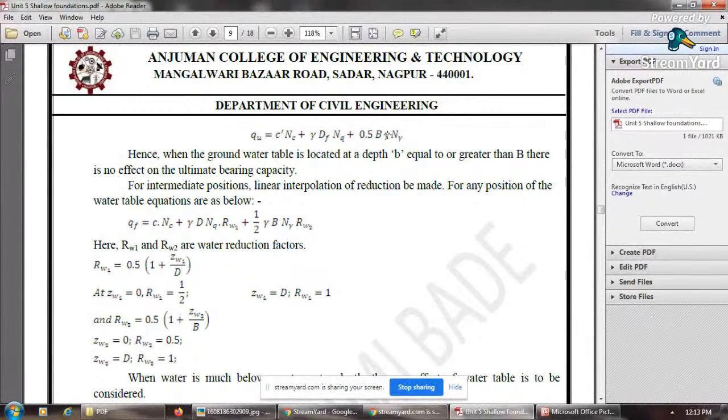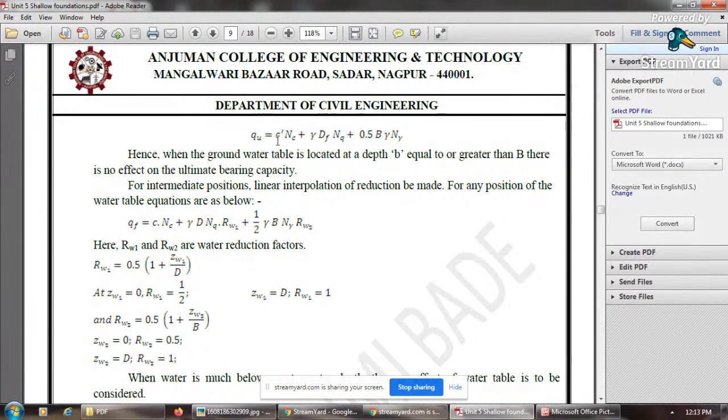So it shows that if the water table is below, or in between the depth of the footing, your effective loading doesn't change. That will remain the same as calculated in case number 1. But in that condition you have to add the reduction factors.